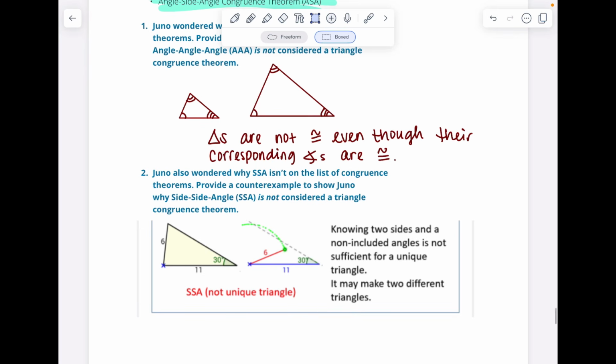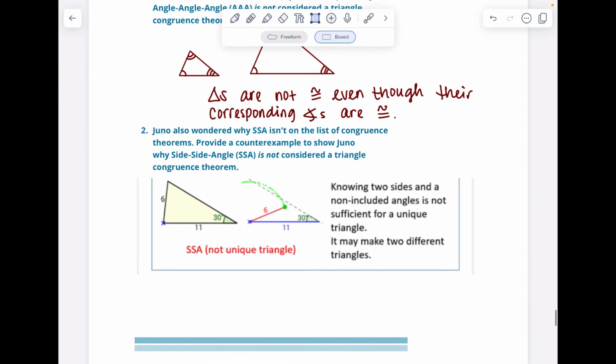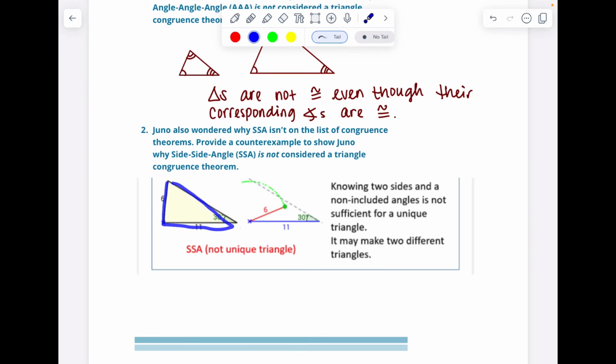All right, so Juno wondered why side side angle isn't on the list of congruence theorems. Provide a counterexample. So I just quickly found this counterexample. SSA will not always create a unique triangle, and here's an example of why. You could have this triangle right here, which has an angle, a side, and a side in that order.